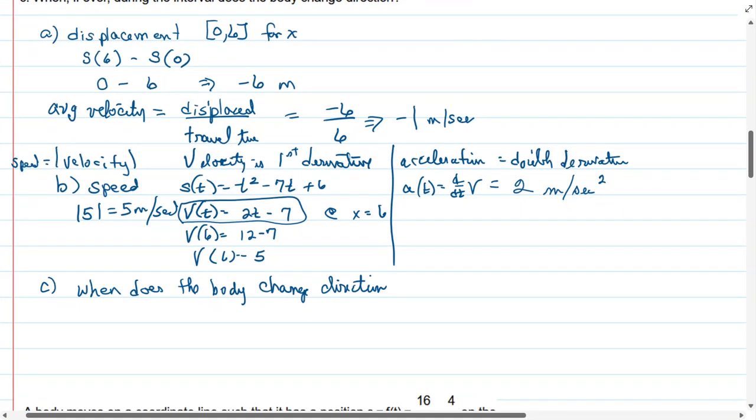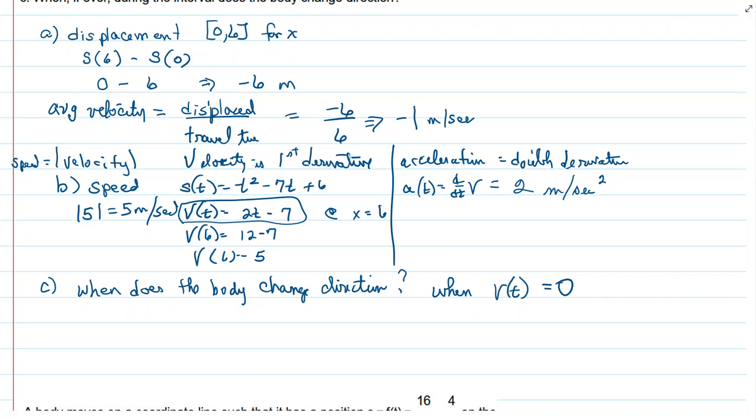Okay, and the answer to that is when v of t equals zero. That's the first derivative, is velocity. V of t equals zero. So you can put it in your notes.